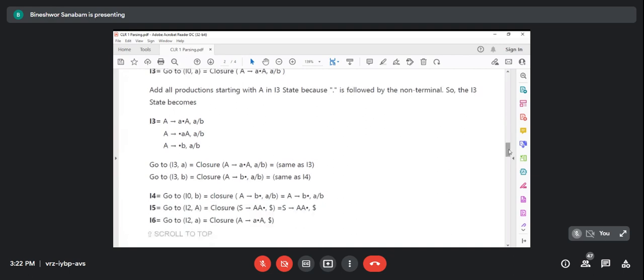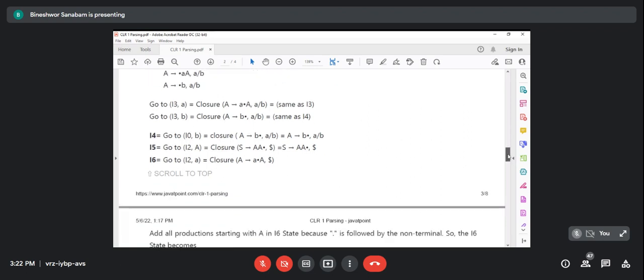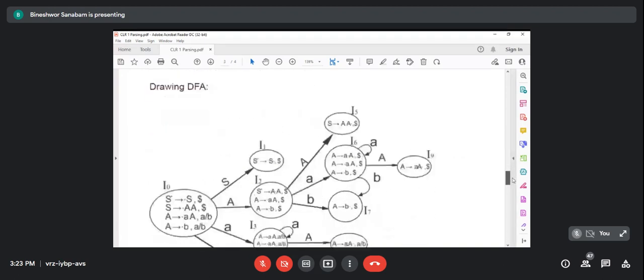This is our I3, and this is I4. I4 is the same as our I3. Let's directly go to the diagram, then you'll understand.